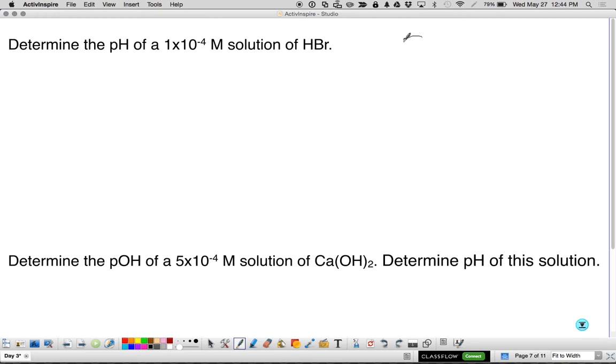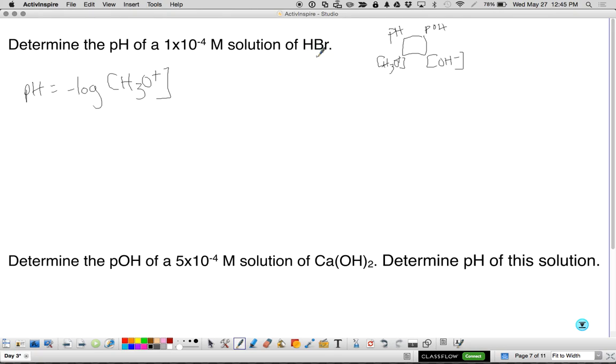So if I do my little square with pH, pOH, concentration of H3O+, concentration of OH-, I know that I can go straight from H3O+ to pH, which means I'm going to use pH equals -log concentration of H3O+. That's great, but I don't actually have the concentration of H3O+.